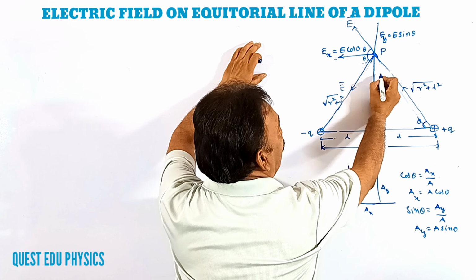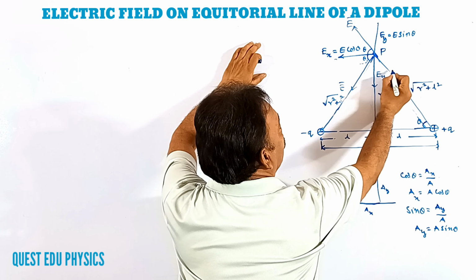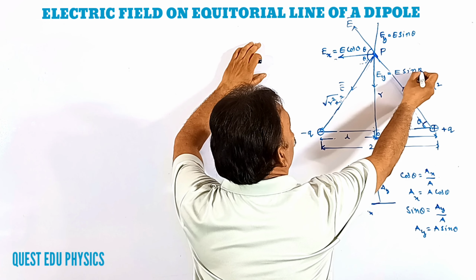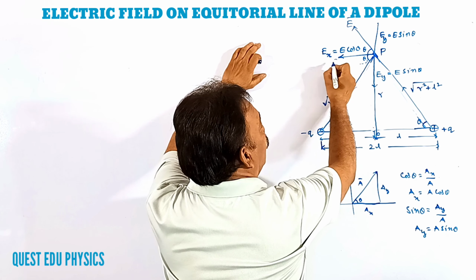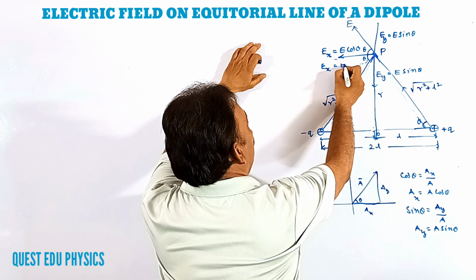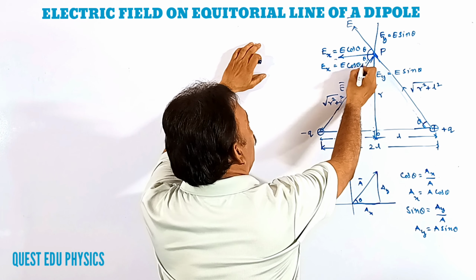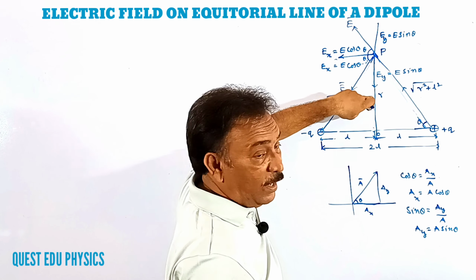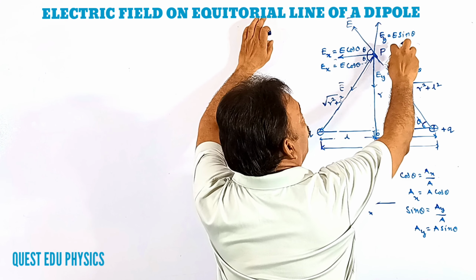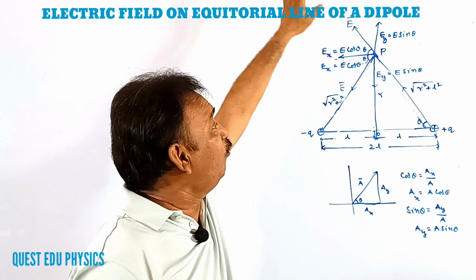It is the vertical component, you say it is Ey, it is equal to E sin theta, and it is the horizontal component. It is Ex is equal to E cos theta. Okay, students, see this. Ey is working vertically downwards, and the other Ey, because of this one, is in upward direction.